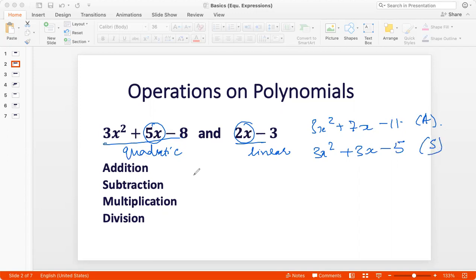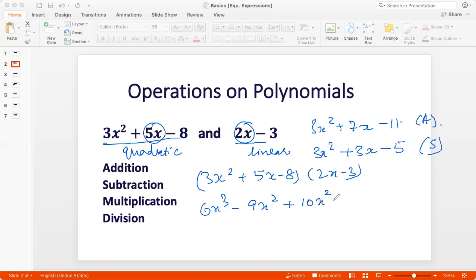Multiplication will take a little longer. So when we multiply 3x squared plus 5x minus 8 with 2x minus 3, then I multiply each term of the first with each term of the second. So I get 3 2s are 6x cubed minus 9x squared plus 10x squared minus 15x minus 16x plus 24.